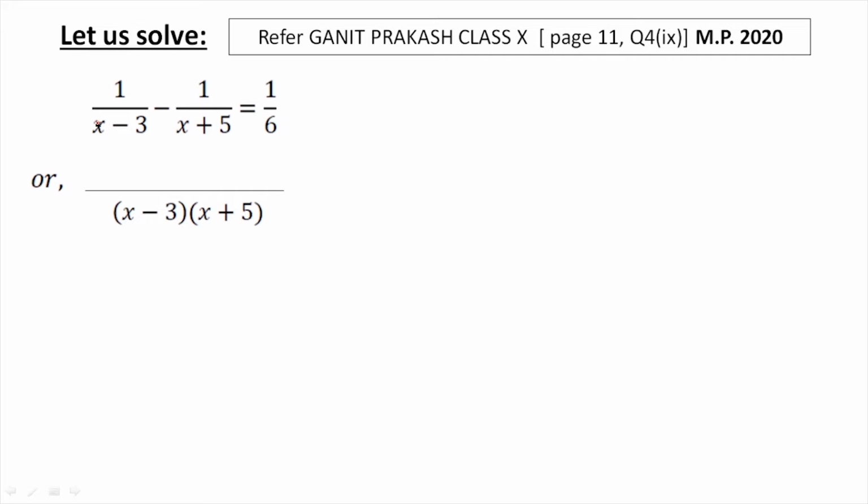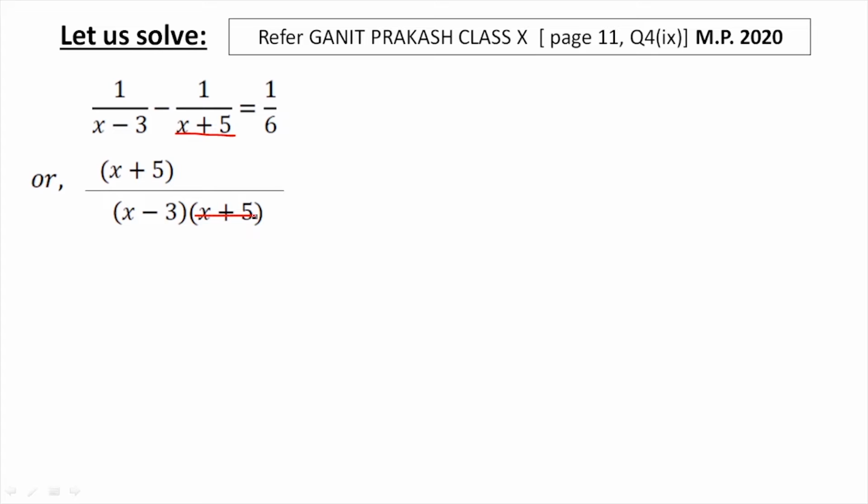Now, if we cover x minus 3 because it is in the denominator here, what is the term remaining? x plus 5. So we'll multiply x plus 5 with the number in the numerator, that is 1. So x plus 5 into 1 will give us x plus 5. Same thing, what is the term here? x plus 5.